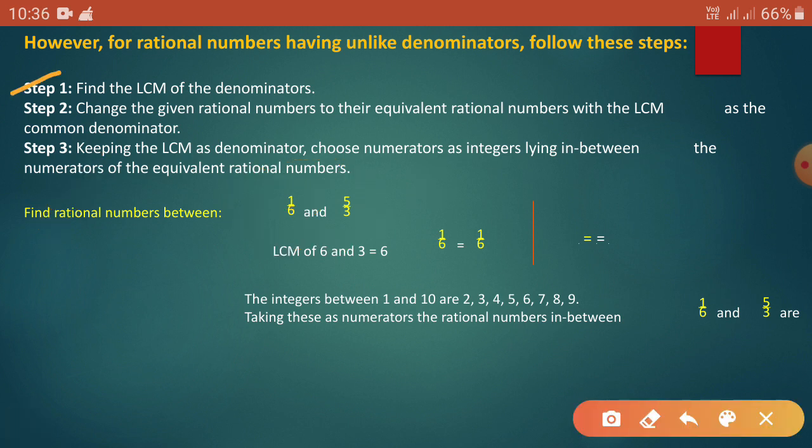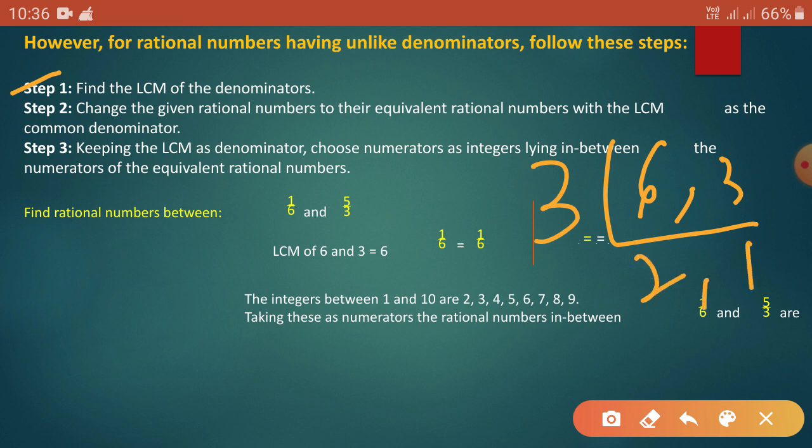So the first step is, if the rational numbers don't have like denominators, we have to find the LCM of the denominators. Here the denominators are 6 and 3. So what will be the LCM of 6 and 3? That is 3, 2 and 1.